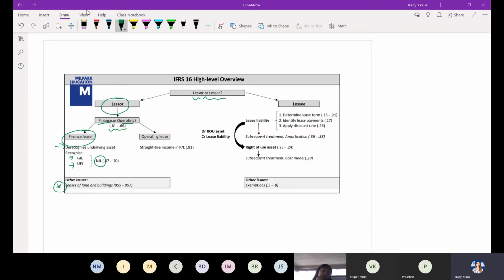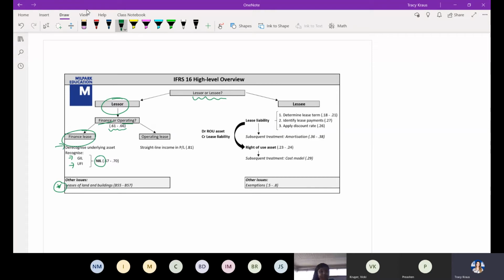So you can have a finance lease if there is going to be a transfer of the ownership of land, but because land is not used up, any lease term would not transfer those risks and rewards of ownership unless we have a very long lease term. We spoke about 99-year leases and such. So typically, if we're looking at a lease of say 10 years, for the building it may be a finance lease, but for the land, it would be an operating lease. And so we'd have to split those out and account for them separately.